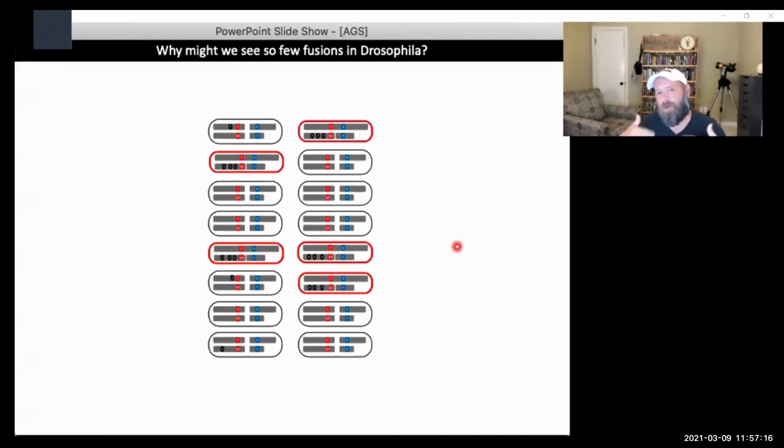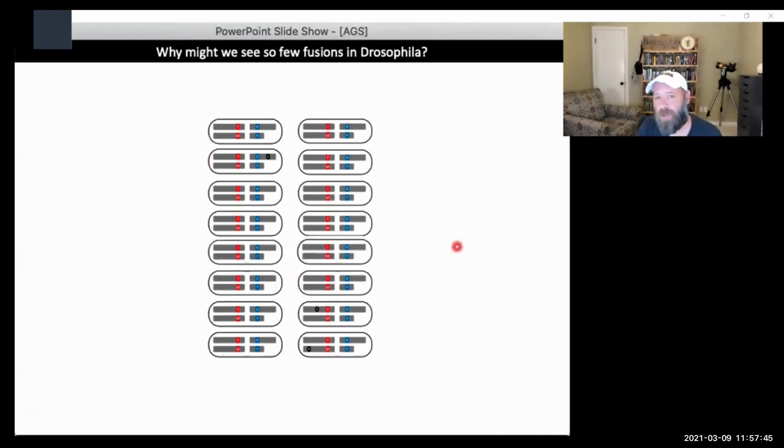And so here I'm showing you after several generations, even the best Y chromosome in the population, this fused version, has 3 deleterious mutations. And so I think what's going on in Drosophila, and the reason that we don't see these more frequently, is that even if you get this initial fitness benefit, before it can reach fixation, it accumulates so many deleterious mutations that it's actually less fit than the unfused version. And so then these are lost from the population and you never see them go to fixation.